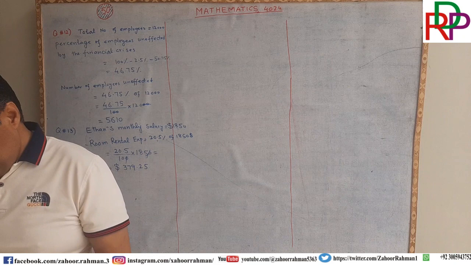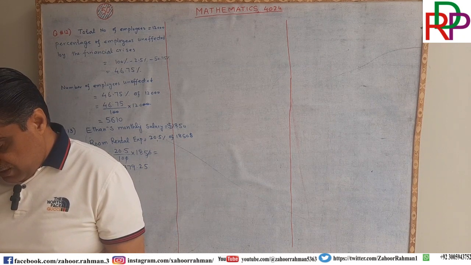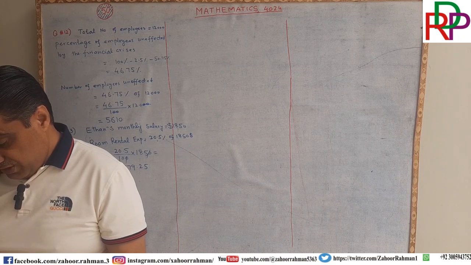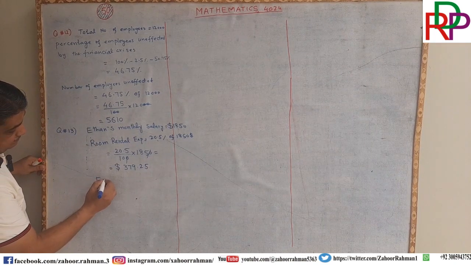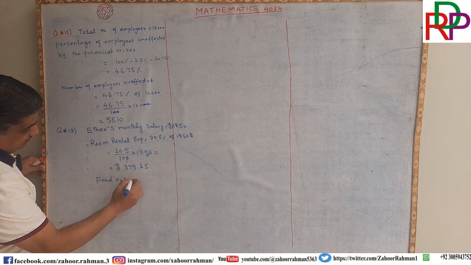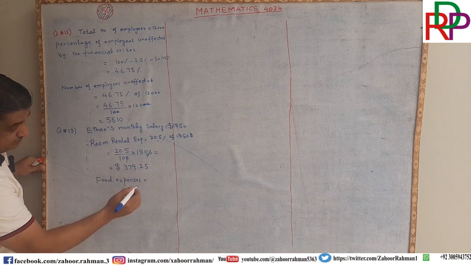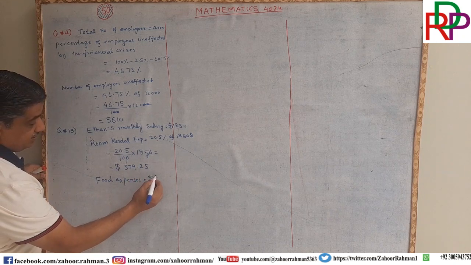Further information, $690 on food. Food expenses are how much? They are $690.